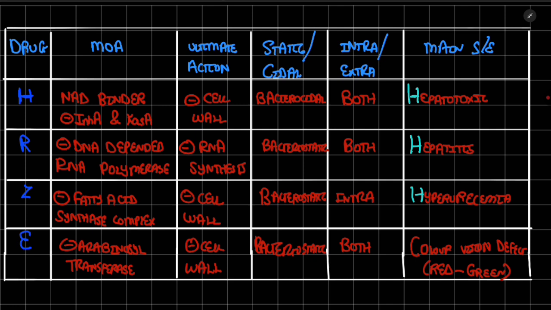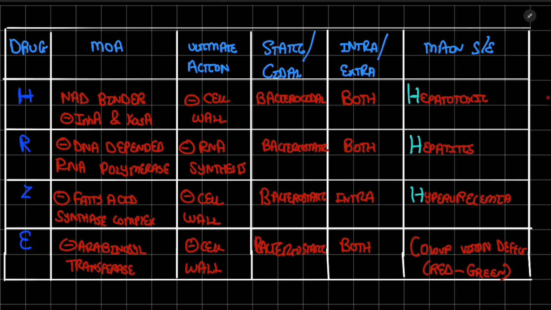So we can observe one pattern, that in the ultimate action, only rifampin is a drug which is inhibiting the RNA synthesis, but the ultimate action of other drugs is it inhibits the cell wall synthesis. And in the static or cidal status, only isoniazid is a drug which is bactericidal, rest of all are bacteriostatic.